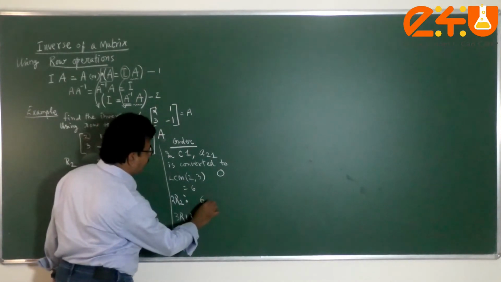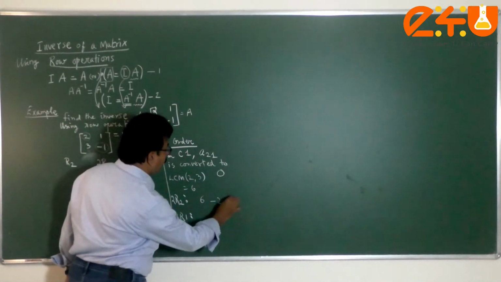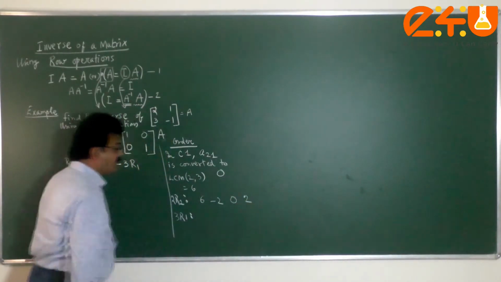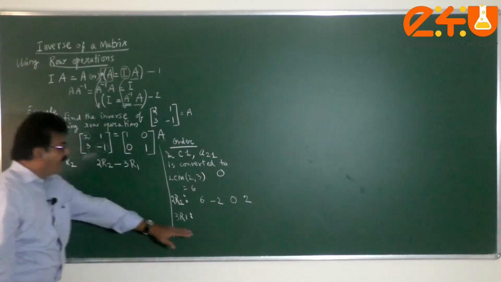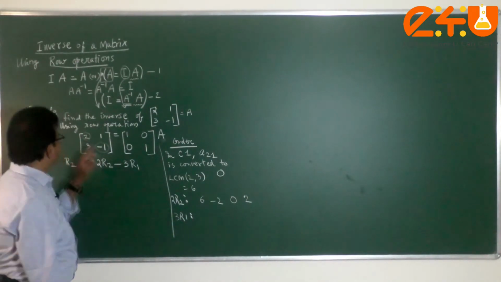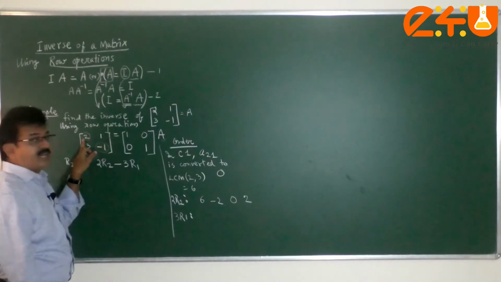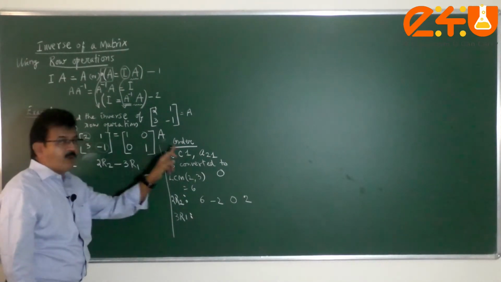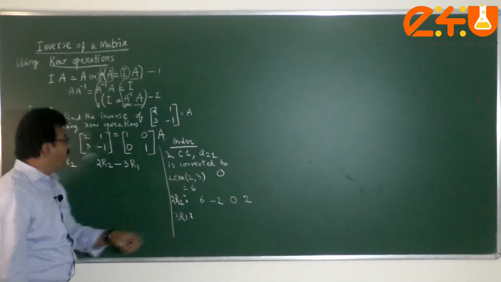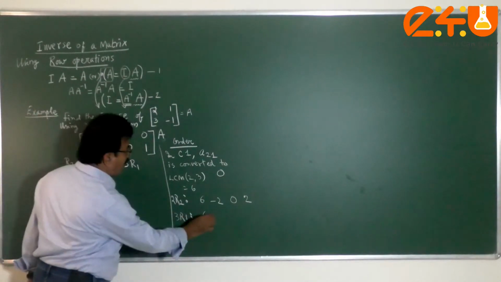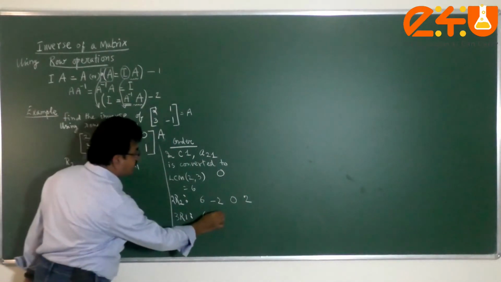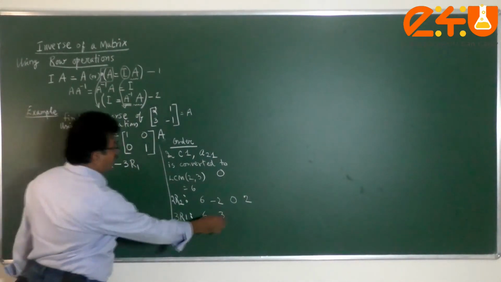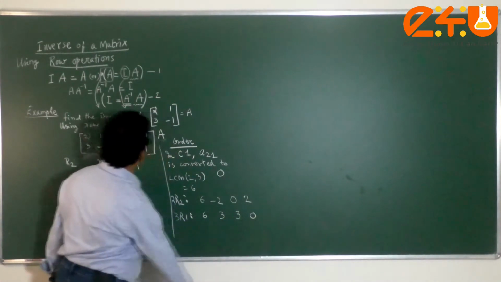I get 6, minus 2, 0 and 2. Am I right? Multiply 3 times that element 2, but I cannot do that singularly. I need to do it for the entire row 1. So 3 times row 1 gives all elements multiplied by 3: 6, then 3 and 0.